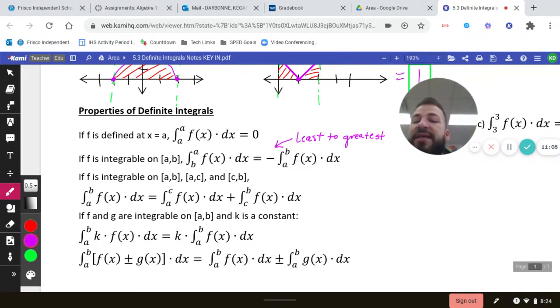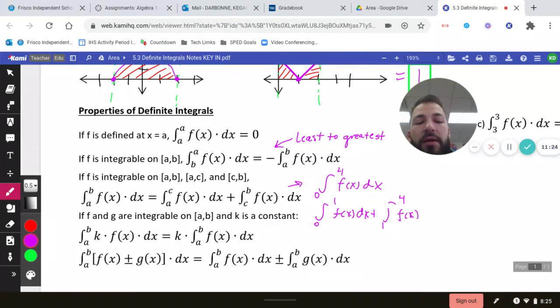So let's say, just as an example, I can find the integral from 0 to 4 of f of x dx. Then I can split this into 0 to 1 f of x dx plus 1 to 4 f of x dx. So I can split any integral along its interval, that value c, somewhere in the middle, which is pretty cool that I can do that.